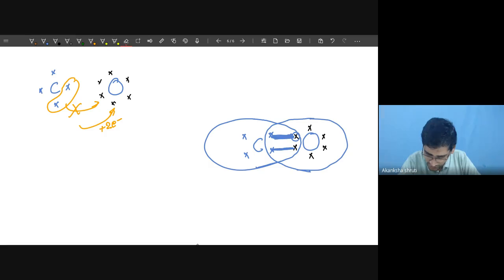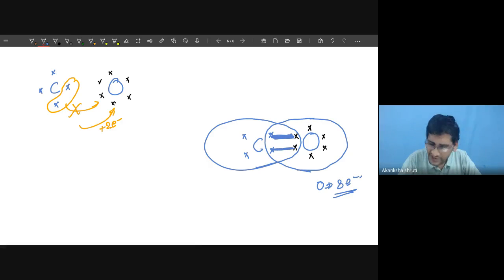So the 2 new electrons, the blue electrons, are now also under the control, not total control, but partial control of the oxygen. So oxygen now has total 8 electrons. So this way, this oxygen becomes stable. It is able to get attached with the carbon. But is the carbon stable here? No, still it is not stable. Then what will happen?